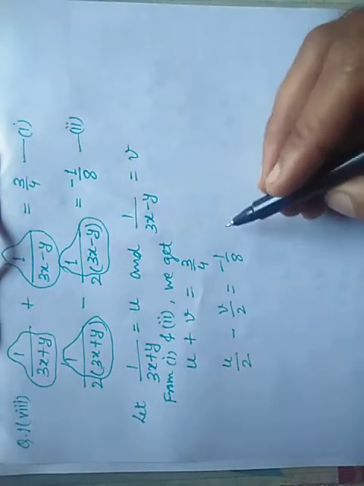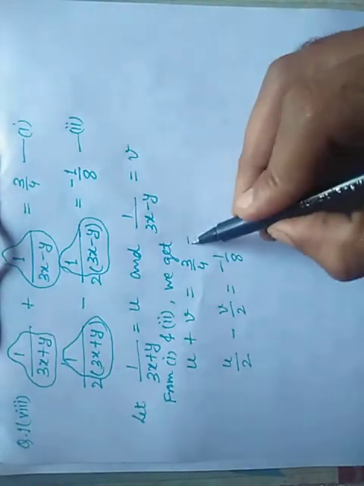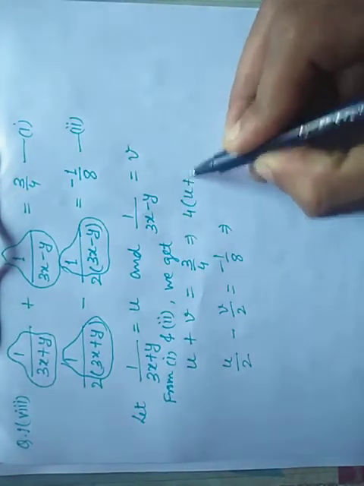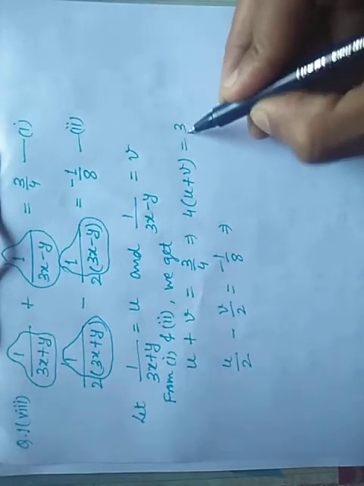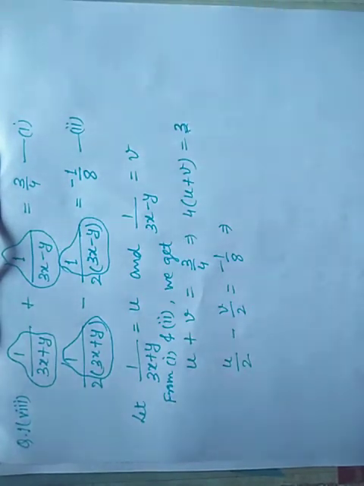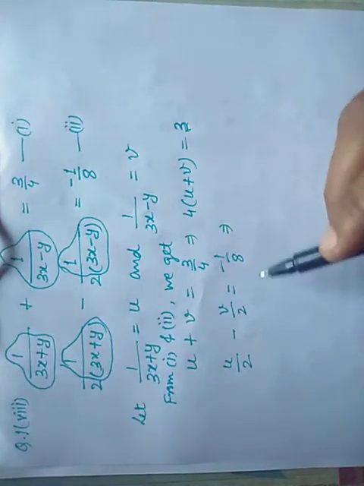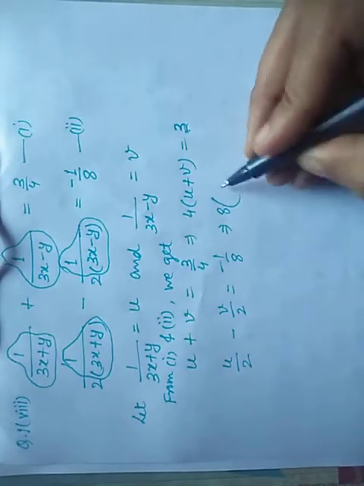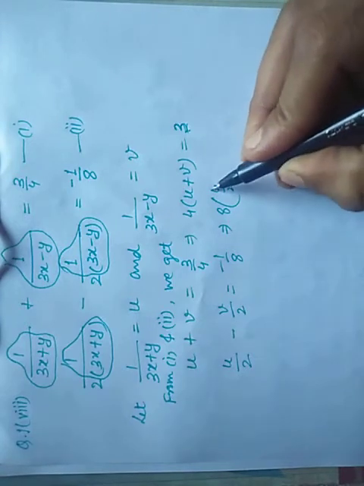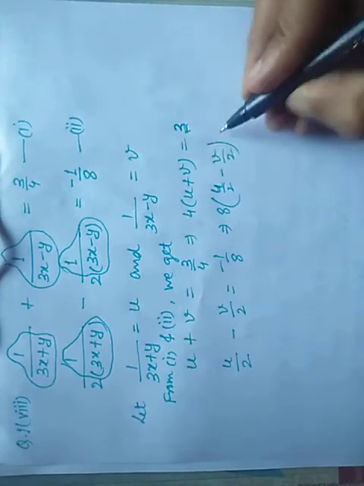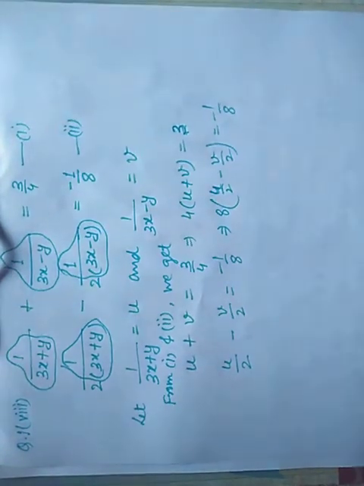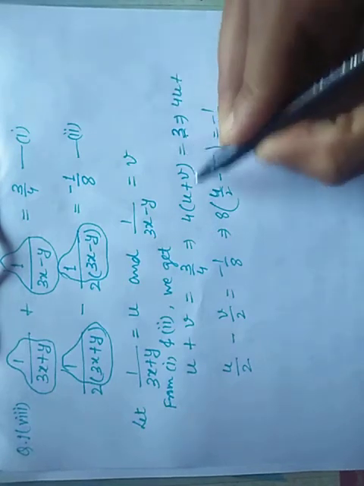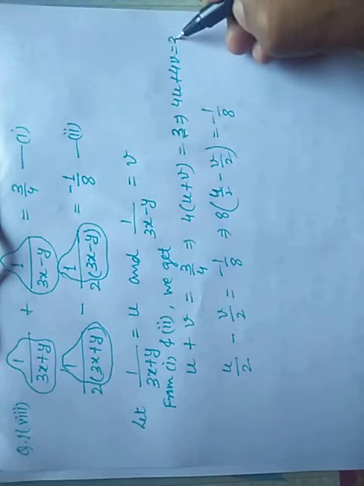On solving this equation further, we can multiply by 4 here, so it will be 4 into u plus v is equal to 3, right? It will be here 8 into u by 2 minus v by 2 is equal to minus 1 upon 8. The final equations will become 4u plus 4v is equal to 3.